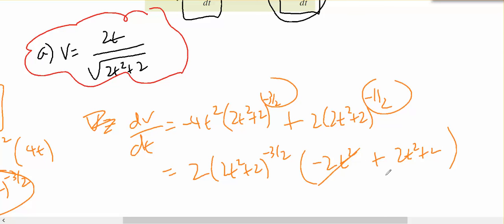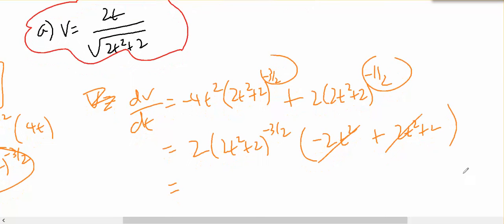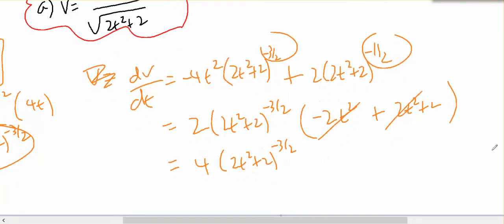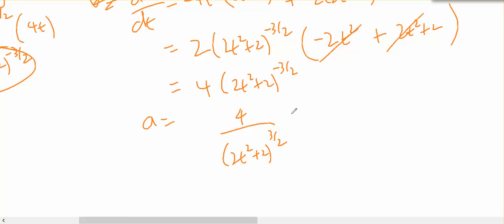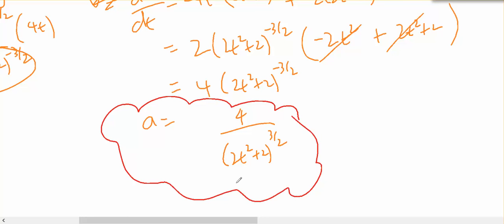Minus 2t squared and plus 2t squared cancel, and that will leave me with 4 times (2t squared plus 2) to the minus 3 on 2. So the expression for acceleration is 4 on top of (2t squared plus 2) to the 3 on 2. So that's part B done.